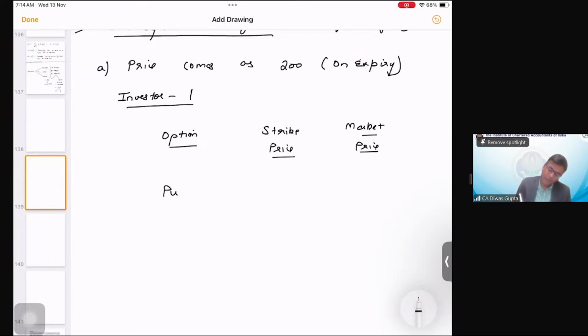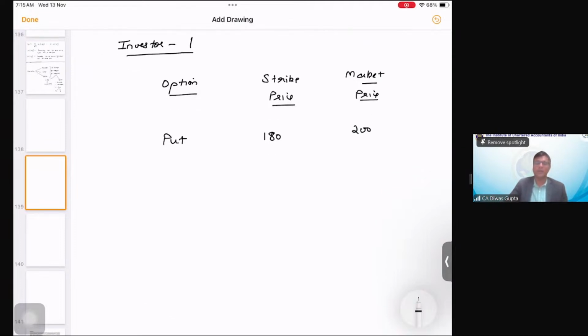Option is which one? Put option, right? Investor 1 is having a put option. Strike price was how much? 180. Market price is 200. So only seeing at this put option, students, tell me whether it is out of the money, in the money, at the money. What is it exactly? Out of the money. Very good. This is out of the money.